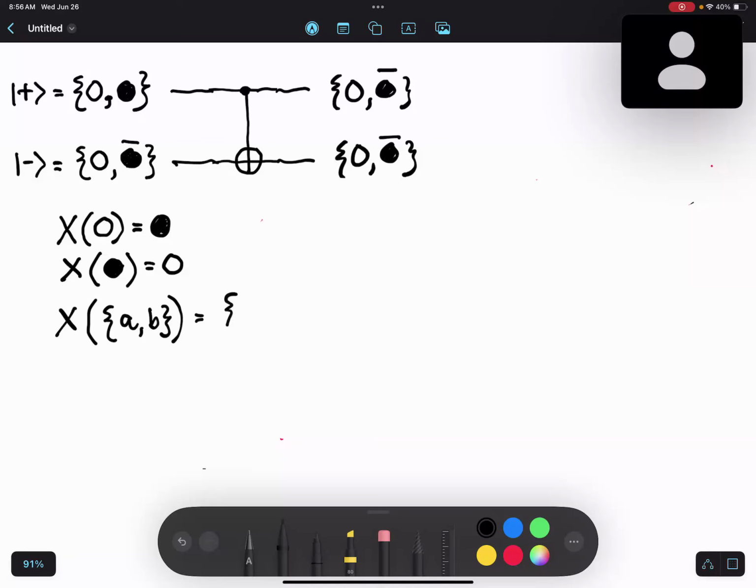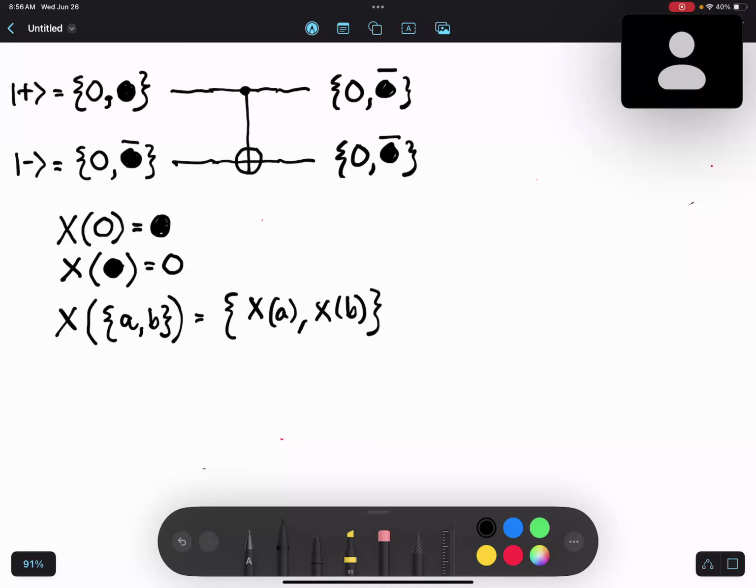So this is going to be X of A and then followed by X of B. So that's the rule, and the rule gives us a lot of flexibility. And if we didn't have the axioms, then we wouldn't be able to calculate anything. But the axioms plus the rule help us do everything.